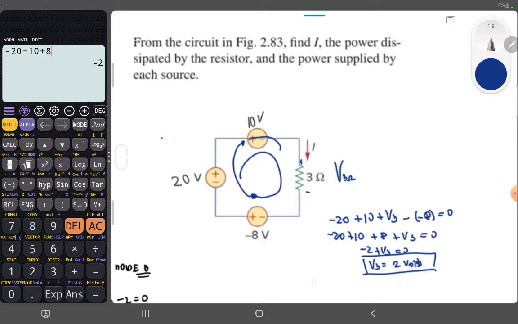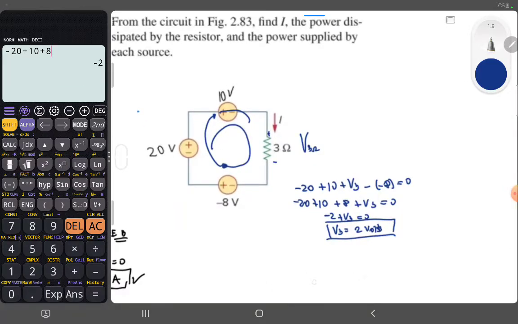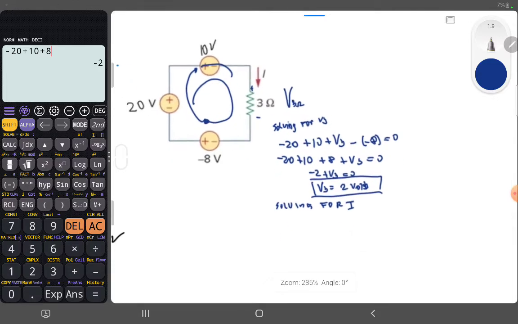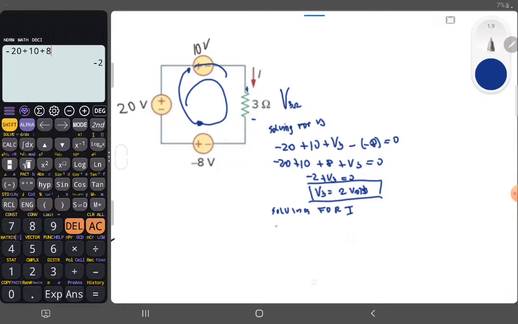But what is my I? Okay, so solving for I. Ang gagawin natin dito, since may 2 volts tayo dito, we all know that V is equal to IR. Same as V3 is equal to I3 R3, wherein yung R3 natin is equal to 3 ohm.